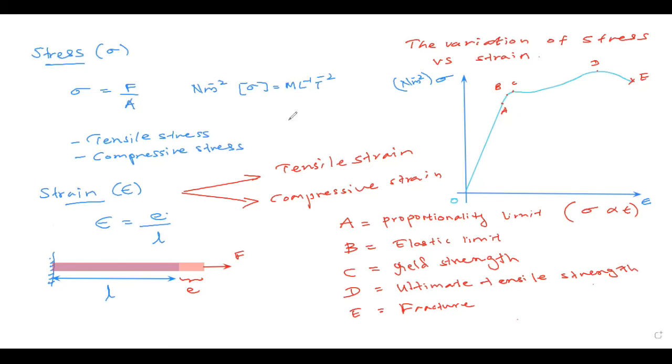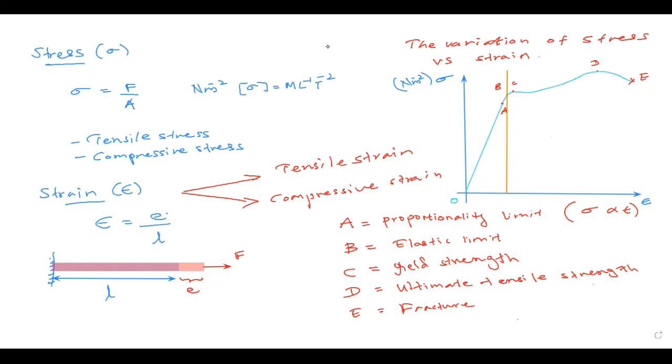In this graph, I'm going to draw a dotted line. Since dotted lines are not available, I use another color, maybe orange. I want it to start from the elastic limit, so I draw a vertical line from somewhere here.